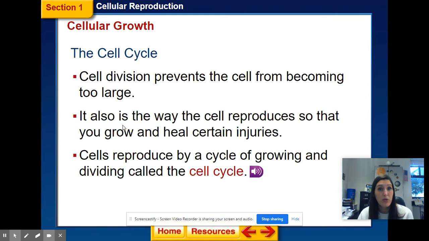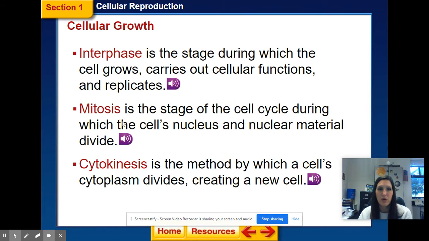Okay, so we're going to go through the cell cycle. This is very much, like I said, putting things in sequential order. You have to memorize the order. All right, the first stage of the cell cycle is interphase. I'm making you a picture like I usually do.